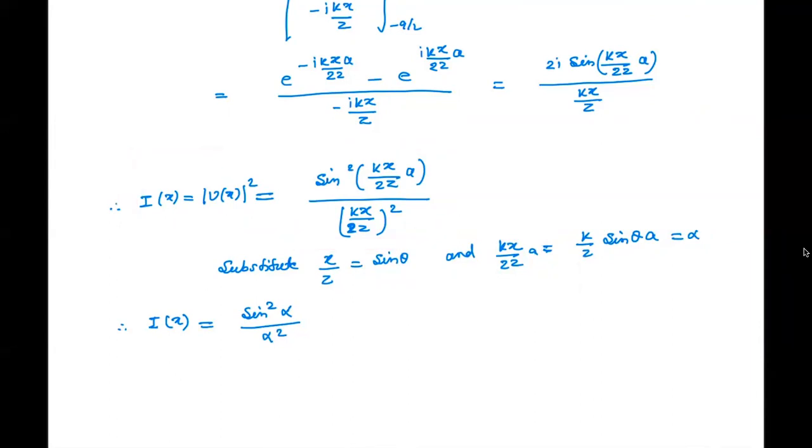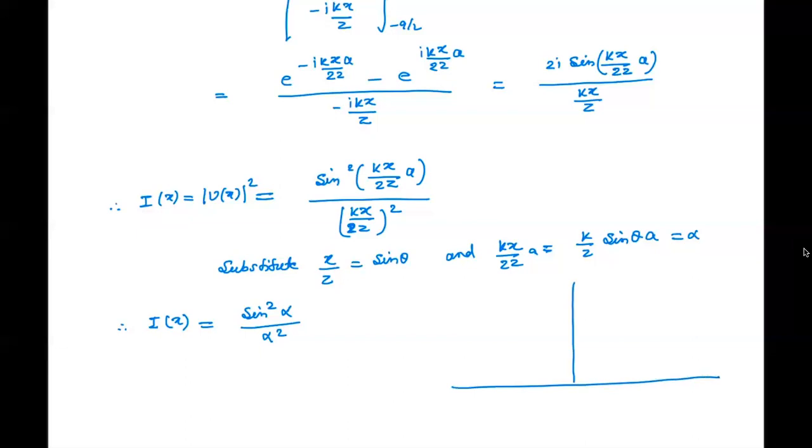So you have z, that is the distance of the screen from where the object was kept. That's the x coordinate at the observation plane. a was the size of the slit, and that's it. And this is the intensity. Okay. So I guess everybody knows how this looks. Maybe I can draw.